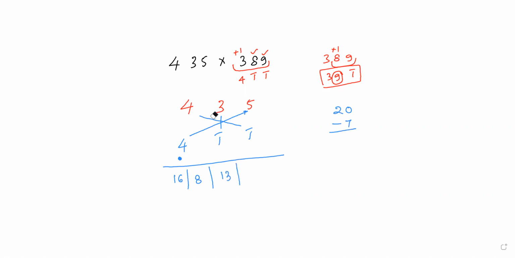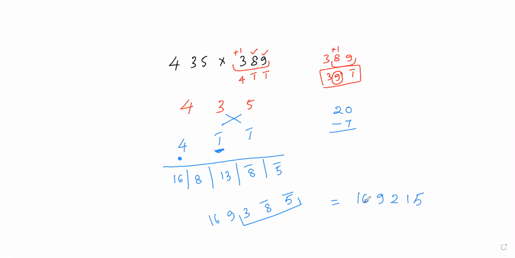Next step, my 4 is eliminated and this digit will be selected. And this into this will be minus 8 I got and minus 5 I got. So minus 5, 8 bar, 3, 9, 16. So this is the selected number. So 16, 9, 2, 1, 5. So this is my final answer.